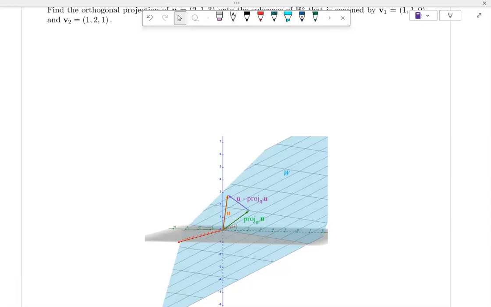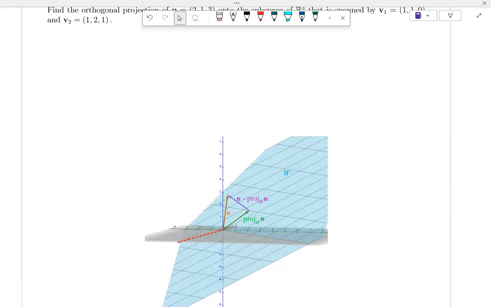Now, we could do that using techniques that we did in the last section. Remember, if we have an orthogonal basis, we can do projection just by doing dot products, right? We talked about that in the last section. Let's try to have a little bit more general method to do this so we don't have to find an orthogonal basis every single time. All right, but anyway, this is the projection.